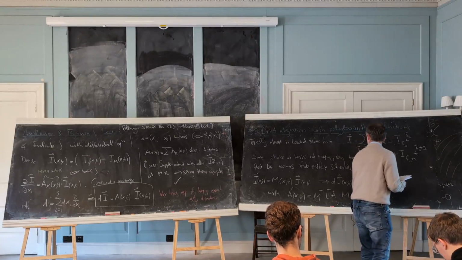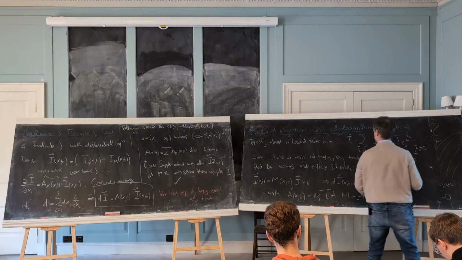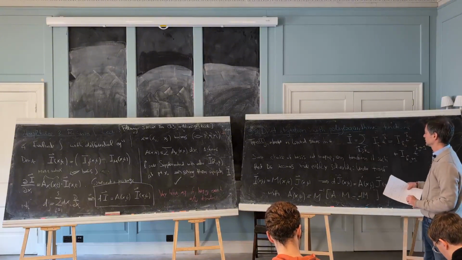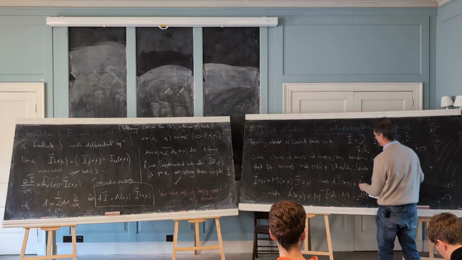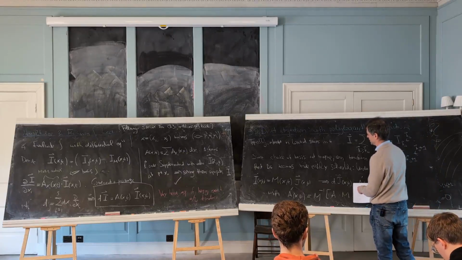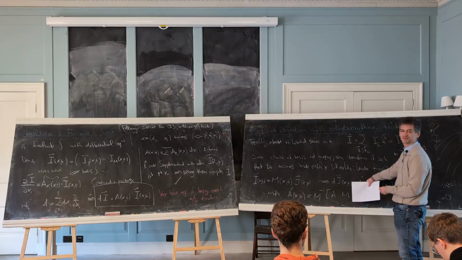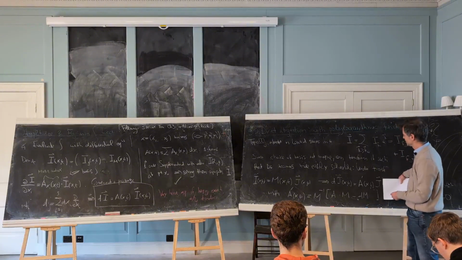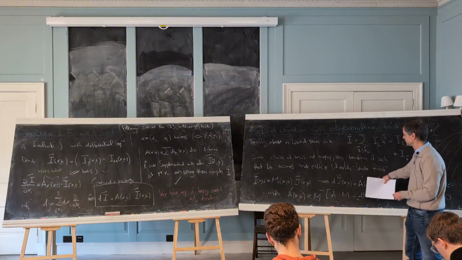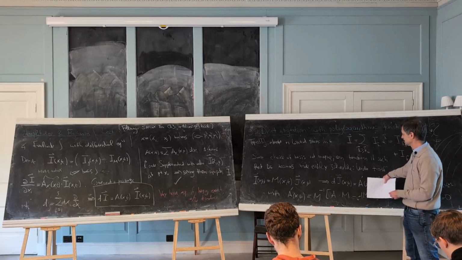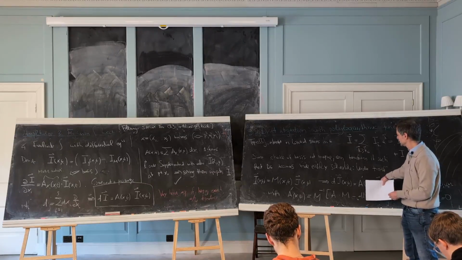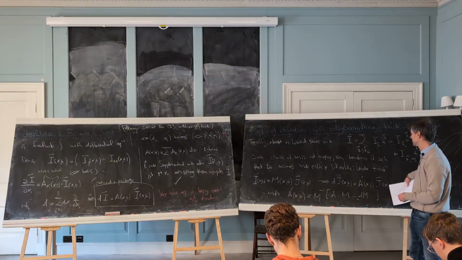If it was a global gauge transformation, it would look like this. Since the matrix itself is not constant, it has some functional dependence, it also picks up an additional term.